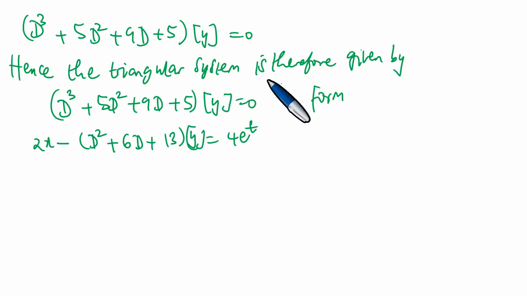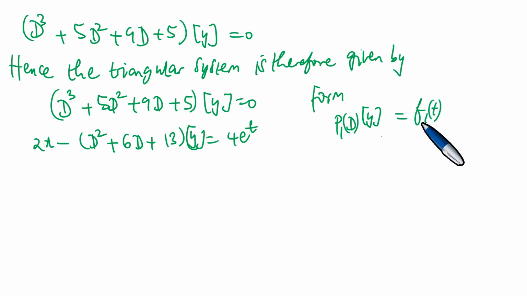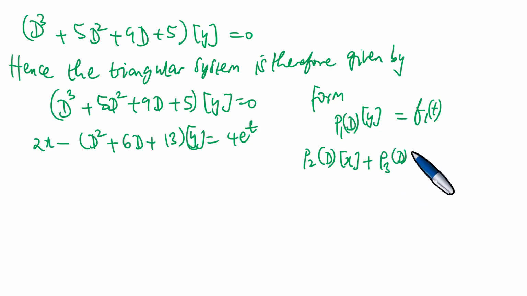Right, it is of the form P1 y equals f1 of t, p2 d x plus p3 d y equals f2 t.